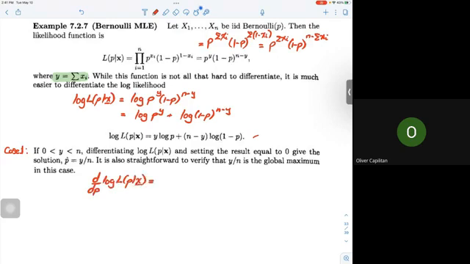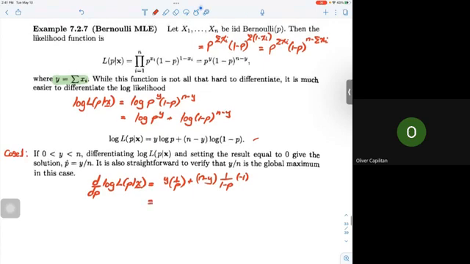So we have here y over p, and then n minus y over 1 minus p times the derivative of 1 minus p, which is negative 1.